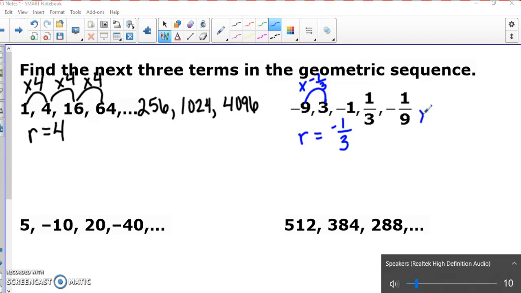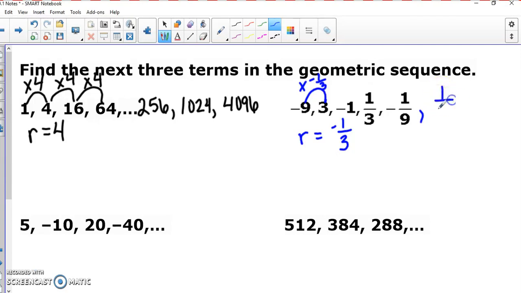After I take negative 1/9 times negative 1/3, my next term should be a positive 1/27. Then take 1/27 times negative 1/3 again. My next term should be negative 1/81. And then my next term should be 1/243. So just multiplying by negative 1/3 each time.